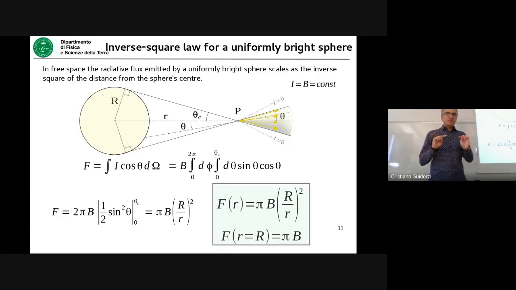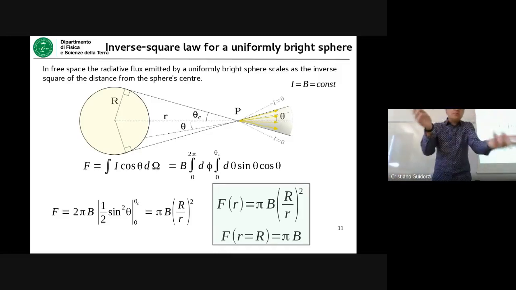If you assume specific quantities, here I should have written I nu instead of I, B nu instead of B, and F nu instead of F. The same argument works exactly the same way. Having written just I, one is led to think that this is just total intensity.